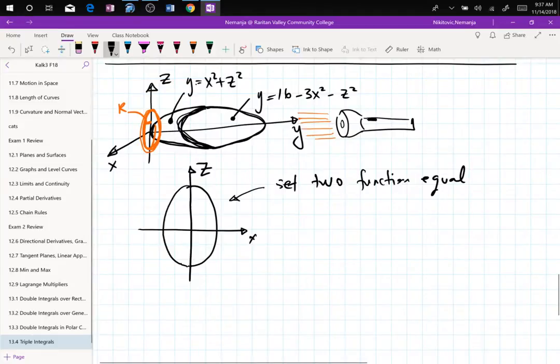You're eliminating y, because the one function over there is y equals, the other function is y equals, and when you set y equals to y, you eliminate y completely, which means whatever you got is sitting on the xz plane. So we set these y's together. You get x squared plus z squared is equal to 16 minus 3x squared minus z squared.